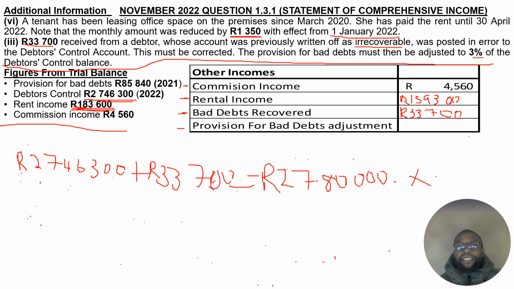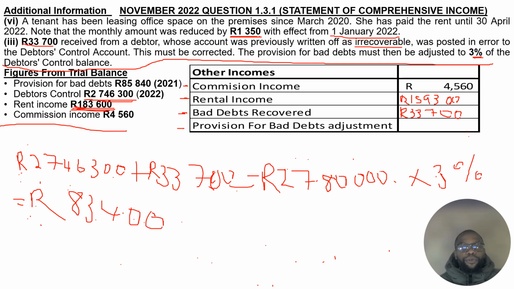We're told that the provision is 3% of the debtors control balance, so we multiply by 0.03. It's 83,400.